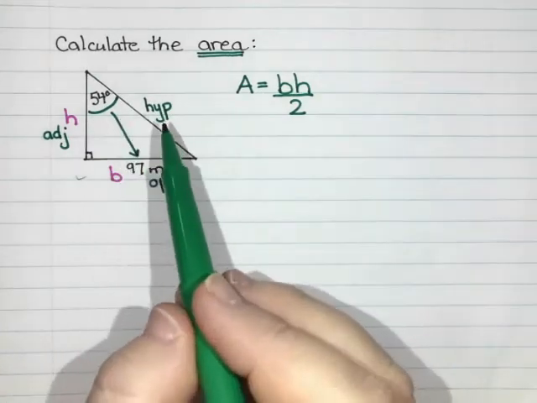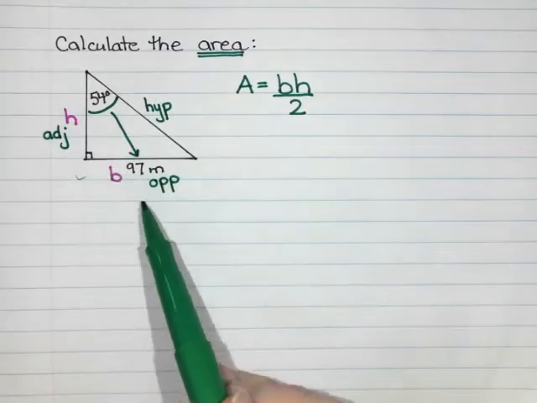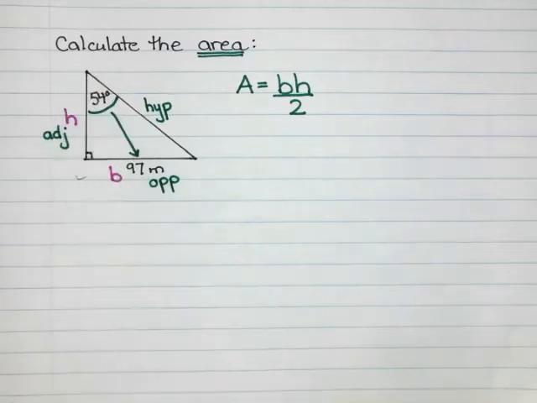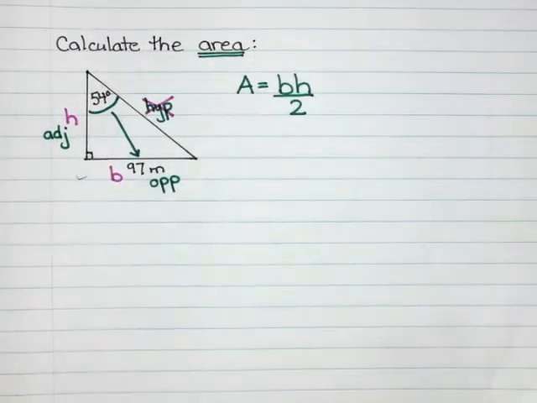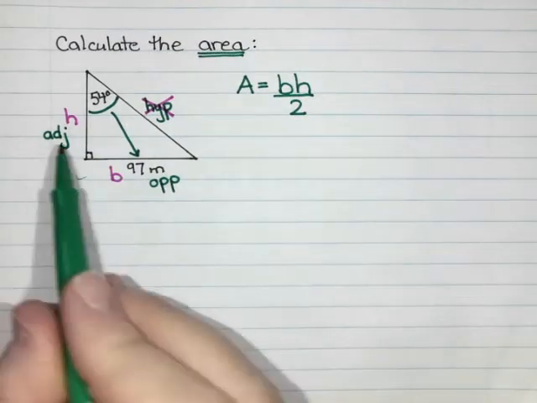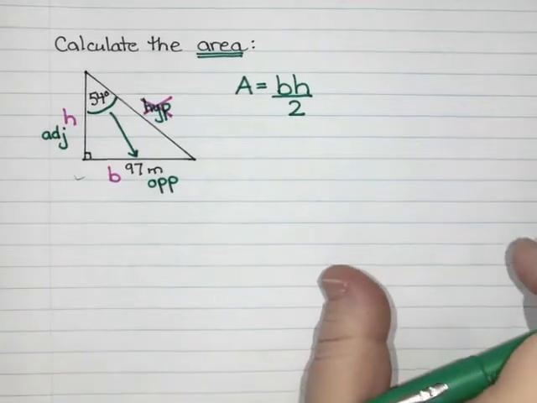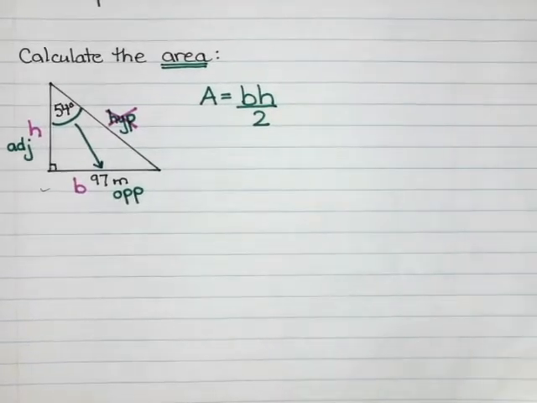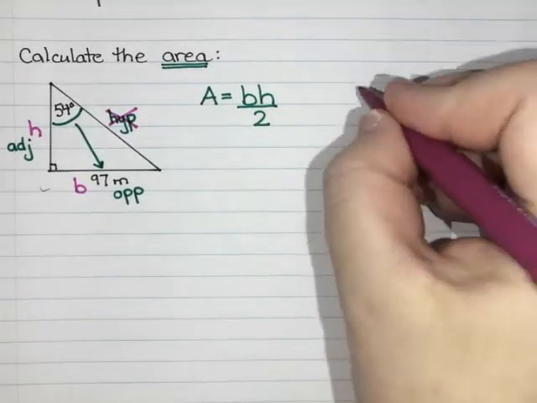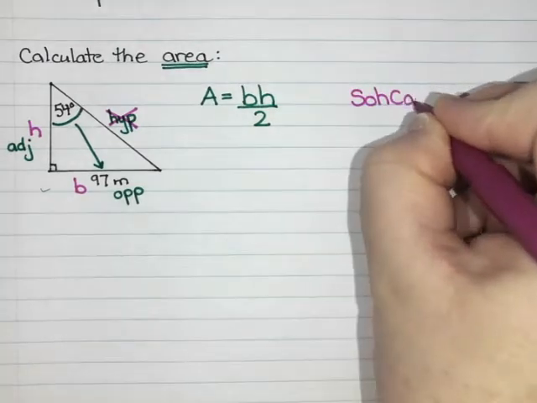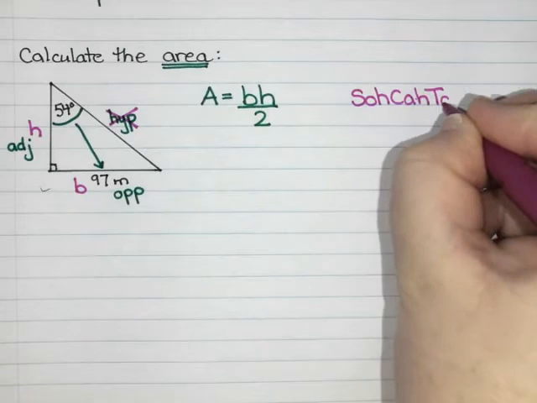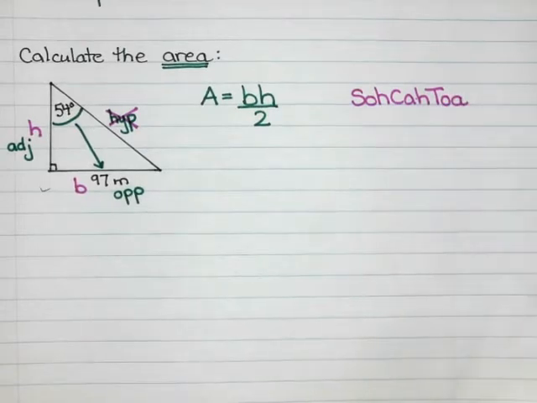So I know that we've got the opposite and we're trying to find the adjacent. So the side that I don't really care about right now is that hypotenuse. So I'm going to look for a ratio that uses the adjacent and the opposite. To help me do that, I use the word SOHCAHTOA. And SOHCAHTOA is only helpful if you know how to spell it.